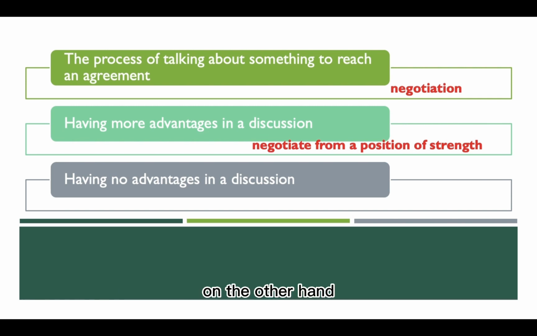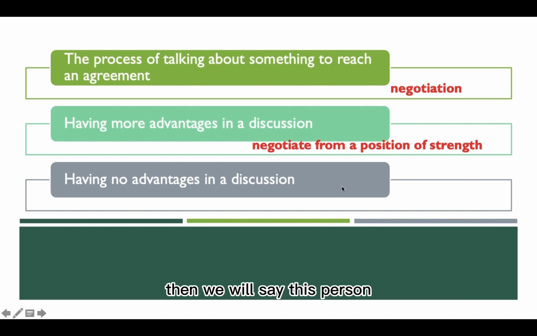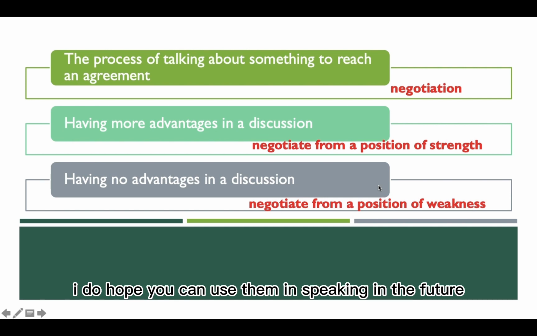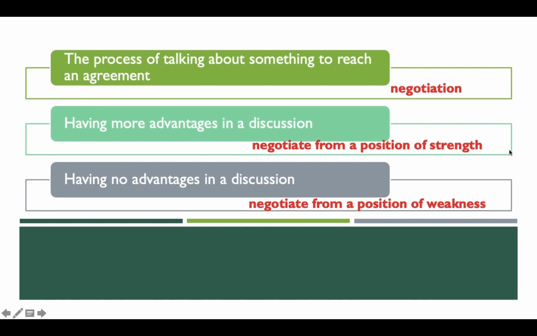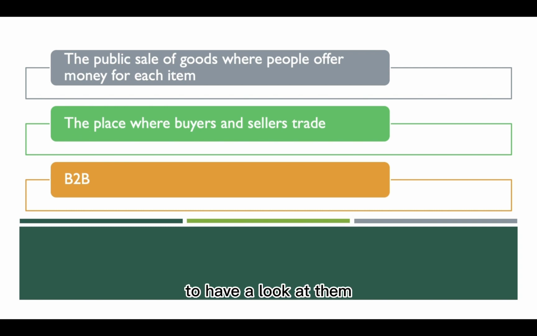On the other hand, when someone has no advantages in the discussion, then we will say this person negotiates from the position of weakness. These 2 phrases are indeed useful. I do hope you can use them in speaking in the future. 3 more to go. The same. Please pause the lecture to have a look at them.